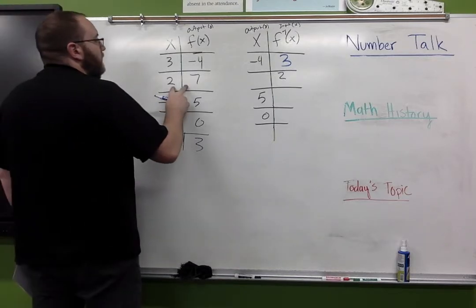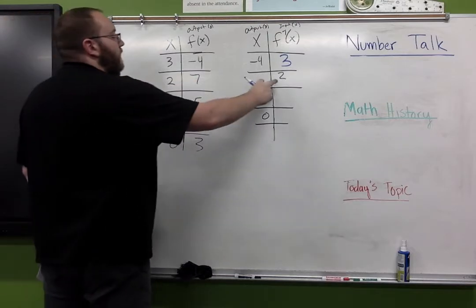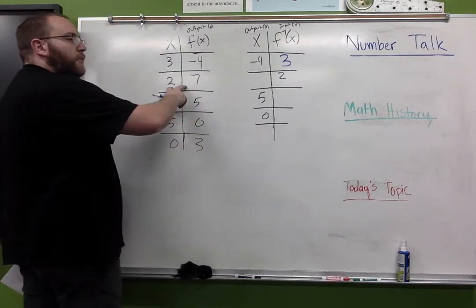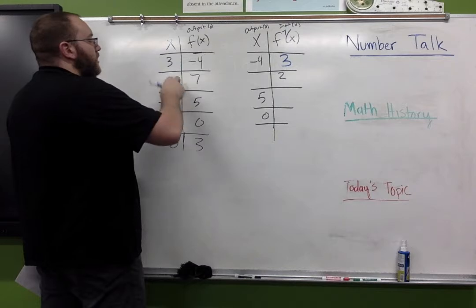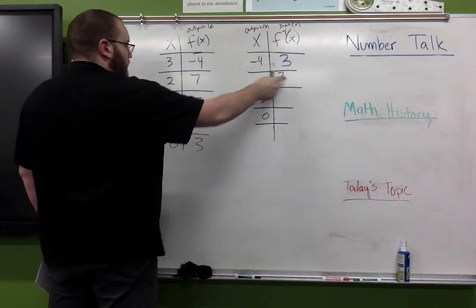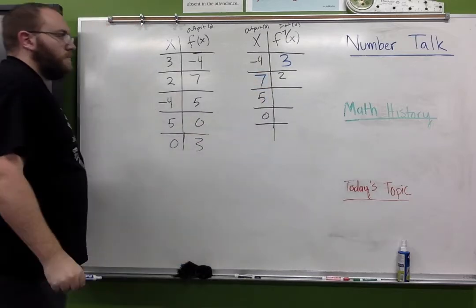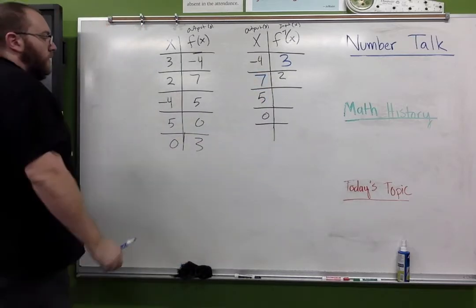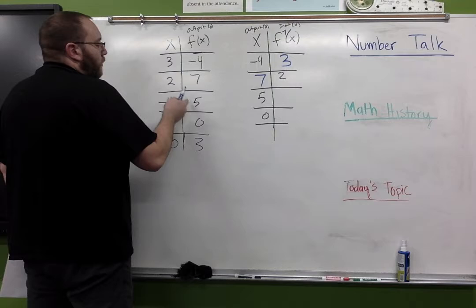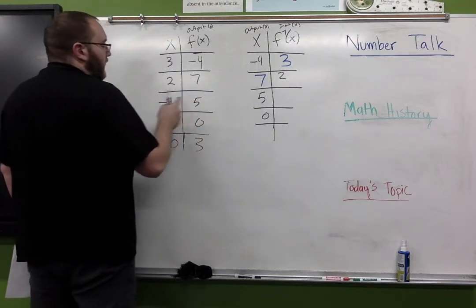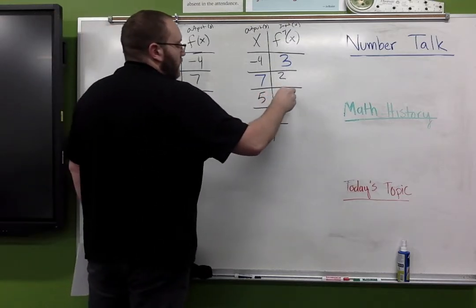Once again, to go from my original function to the inverse, I switch my domain and range, my input, output, my x's and y's. So my x becomes my y, and the y becomes the x. Okay, here, the y value becomes the x, and the x value becomes the y.